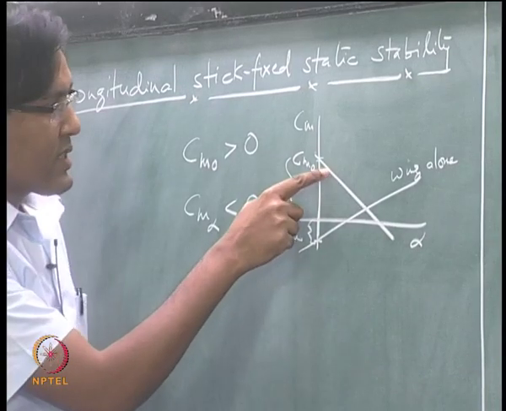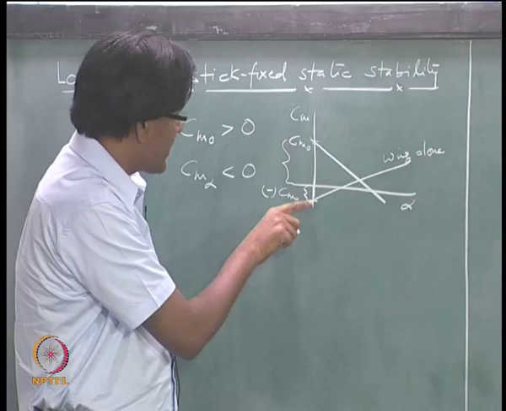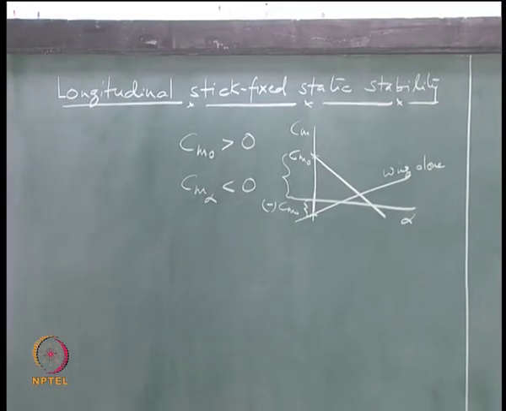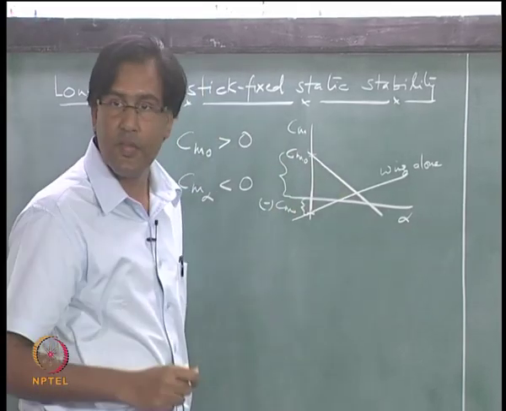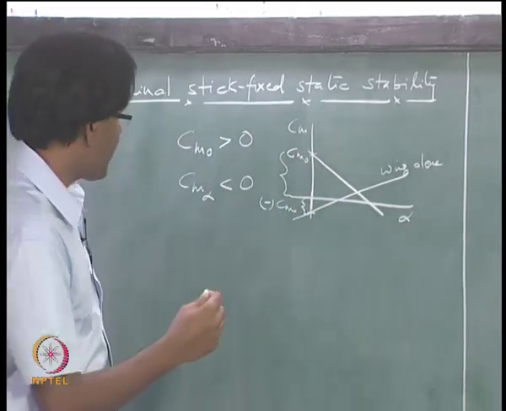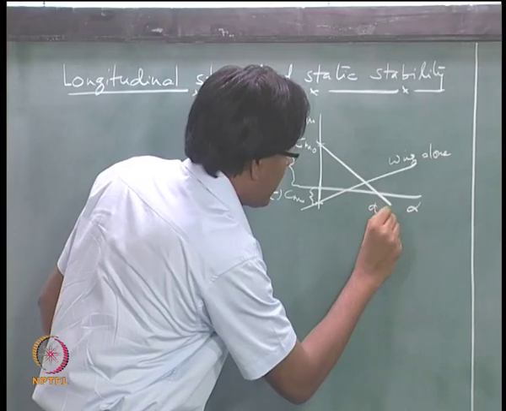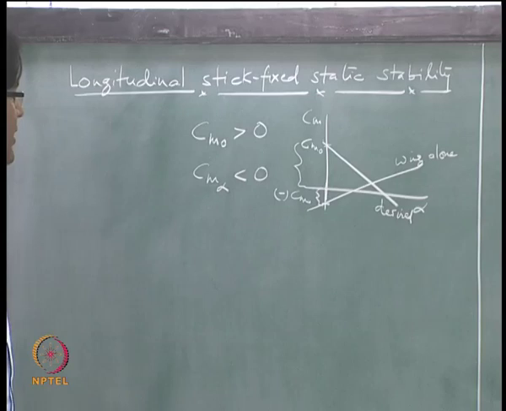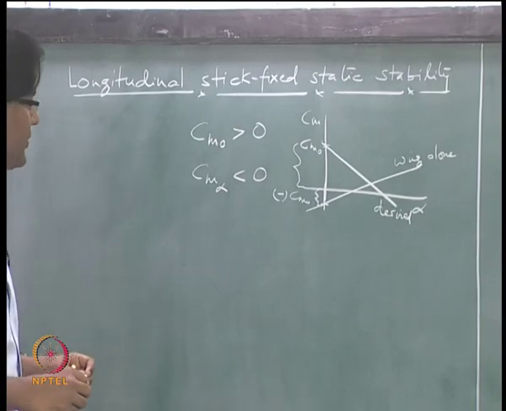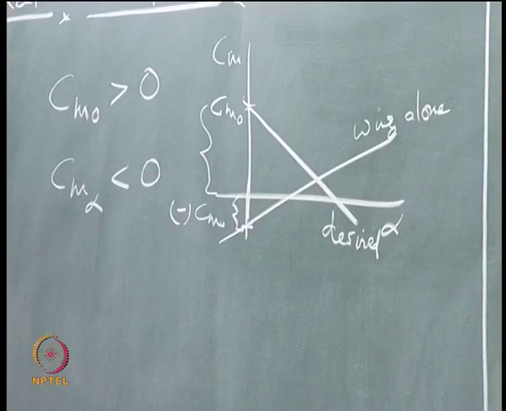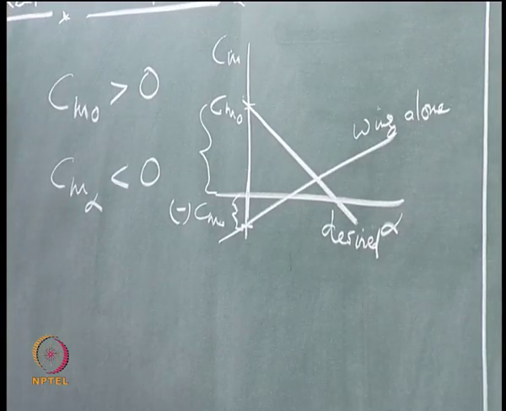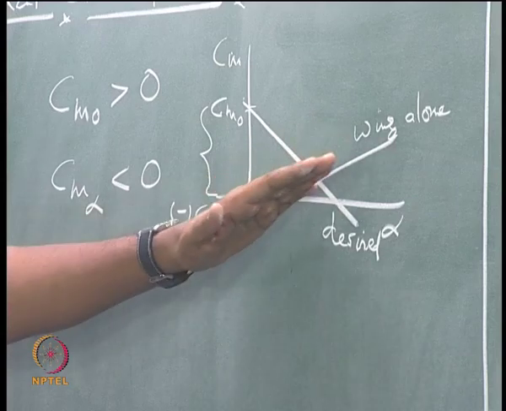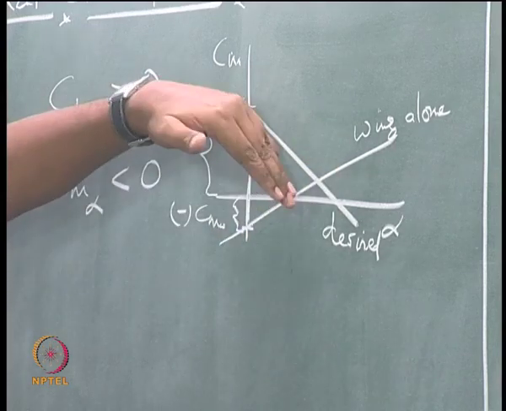And this is what is desired, right. This is what you get from the wing alone contribution, and this is what is desired for the airplane. Okay. Horizontal tail is actually used on the airplane to change this curve to this, right.